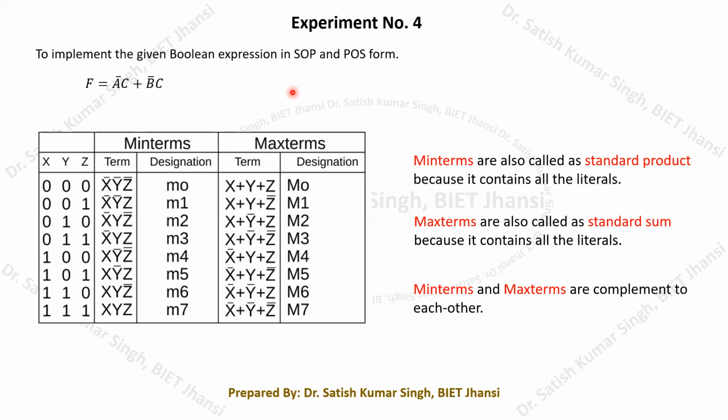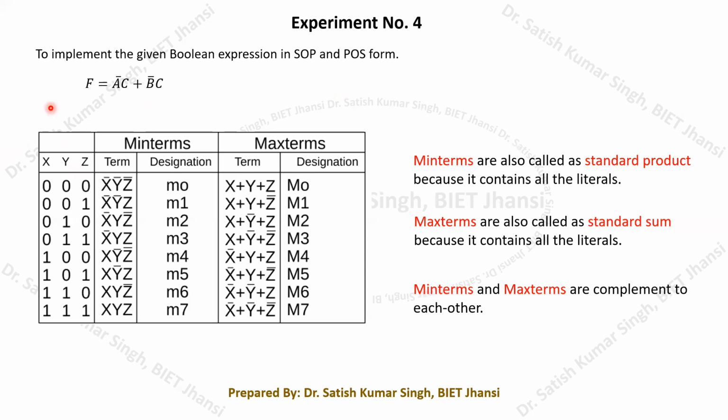Let us suppose that we have a truth table with three Boolean variables, namely x, y, and z. As we know, each variable can take binary bit equal to 0 or 1.